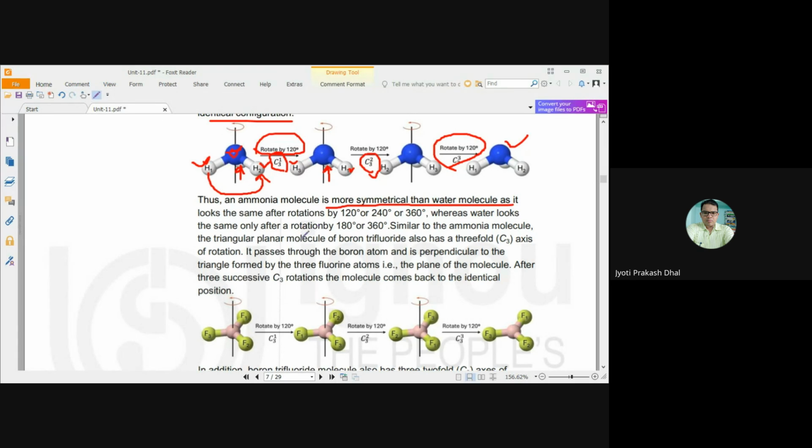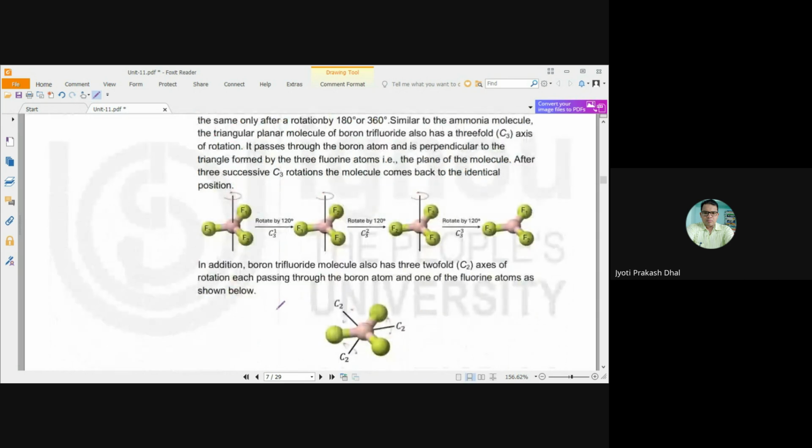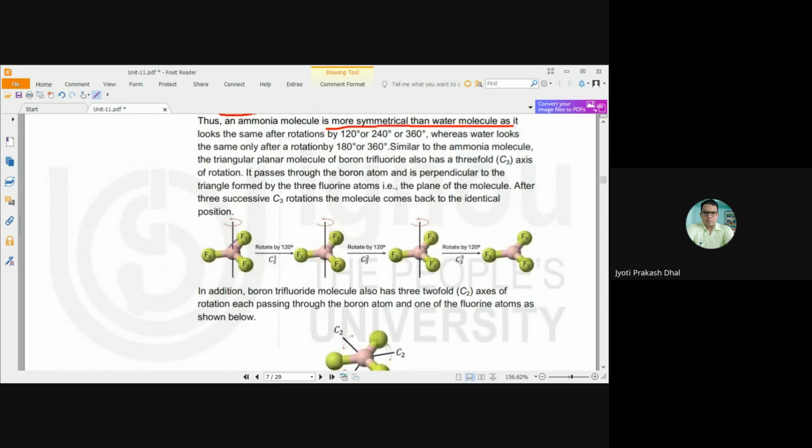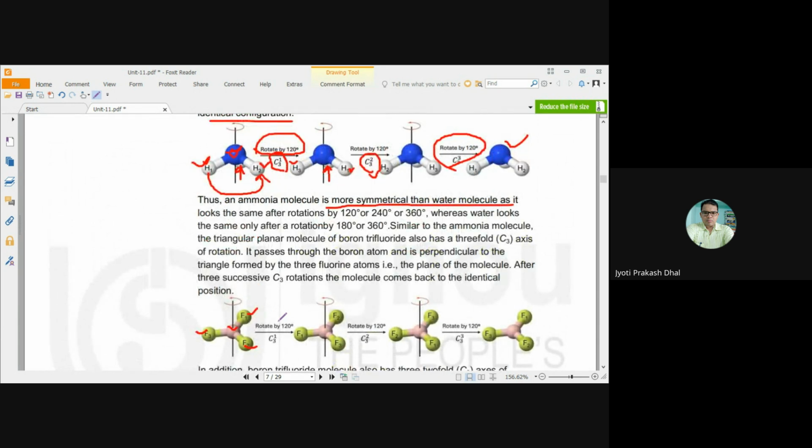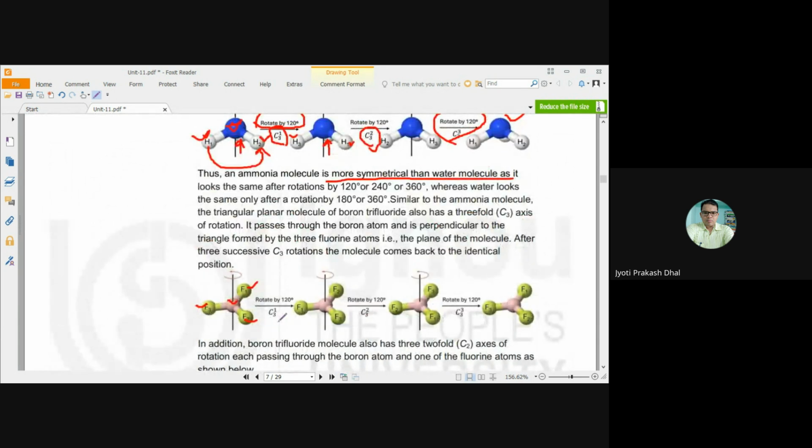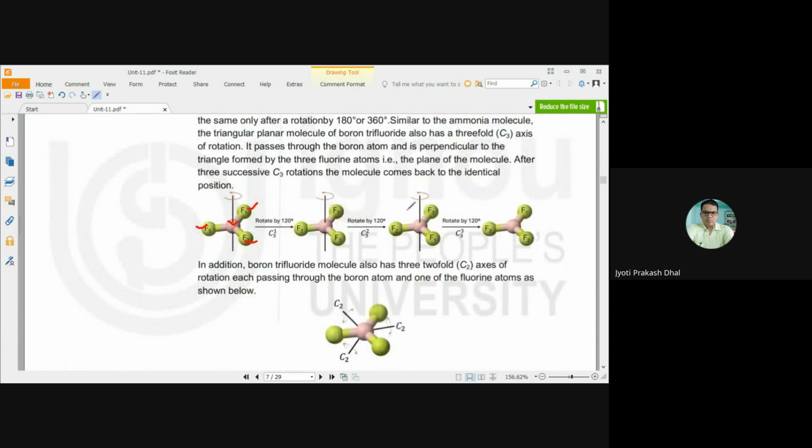And if you consider another example, that is boron trifluoride, here this is the boron atom and these are the three fluorine atoms. The shape of the molecule is trigonal planar and the bond angle is 120 degrees. If we rotate the molecule by 120 degrees, we get an equivalent configuration, and if we perform another 120 degrees, a total of 240 degrees, that gives another equivalent configuration.